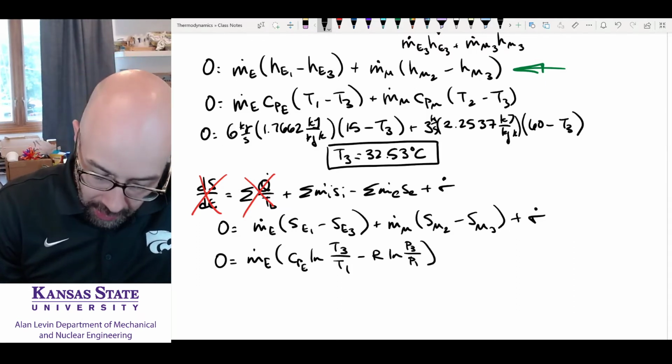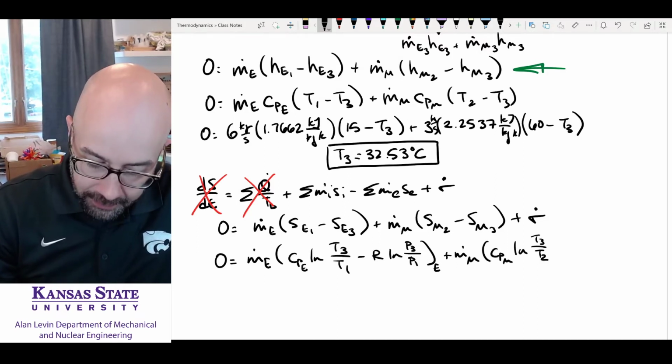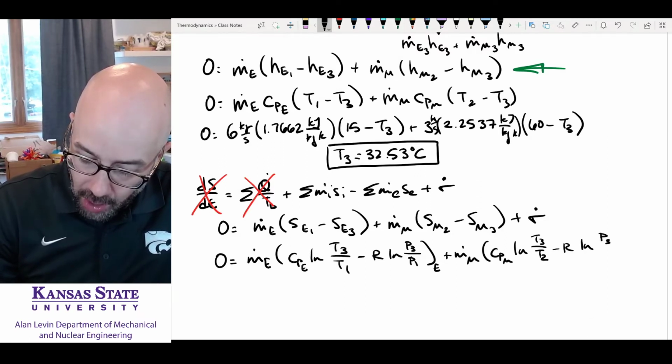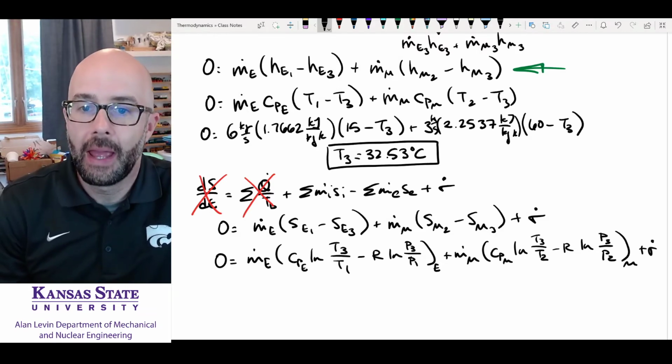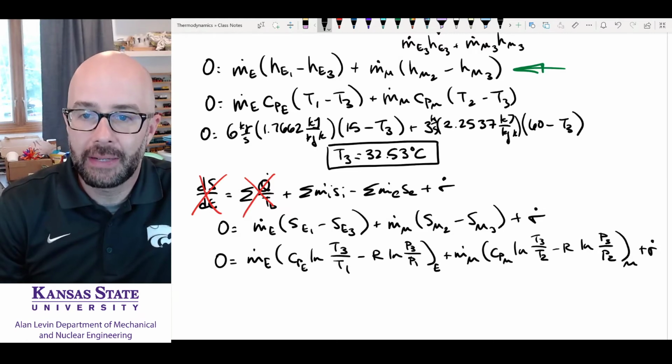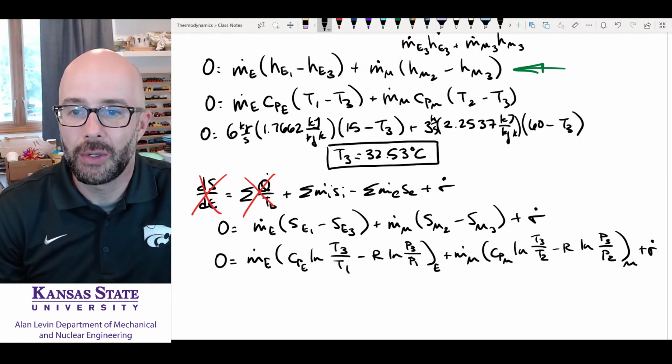And this is all for our ethane here. Plus the mass flow rate of my methane times C sub P of my methane times the natural log of T3 over T2 minus R natural log of P3 over P2, because now we're looking at just that methane, plus sigma dot, okay?